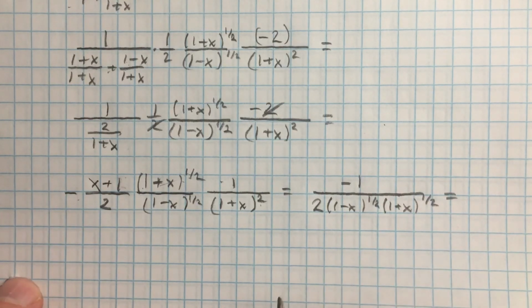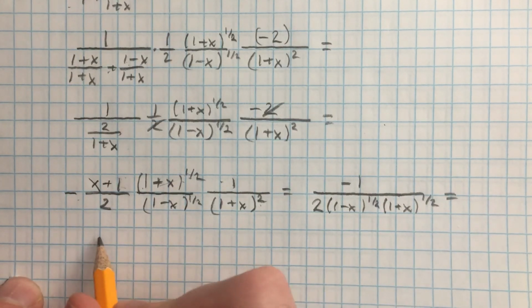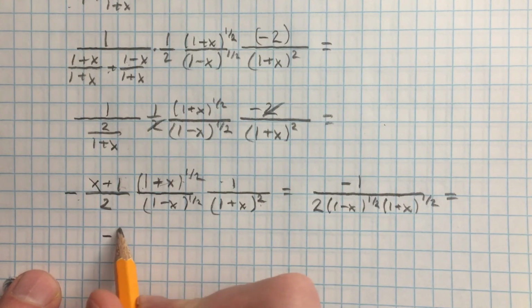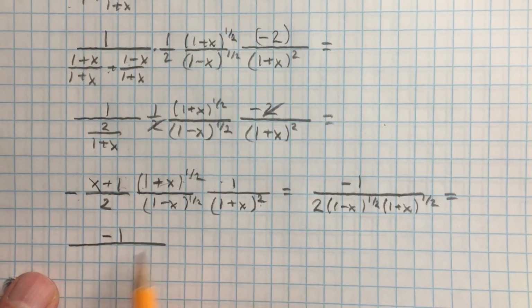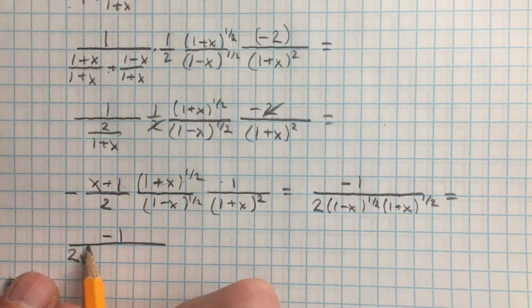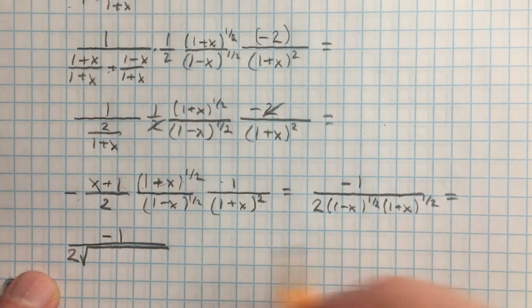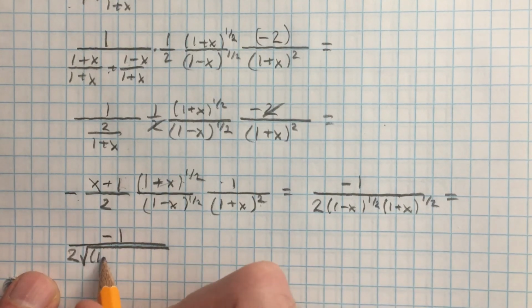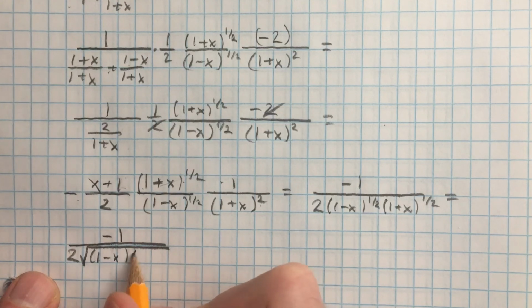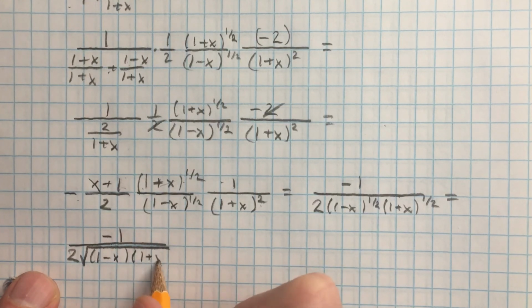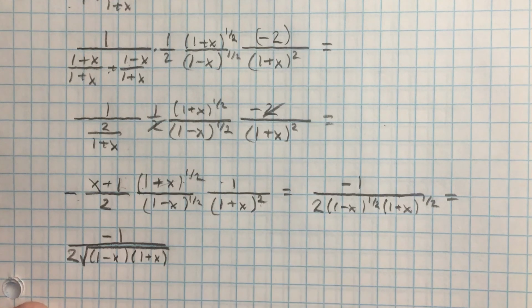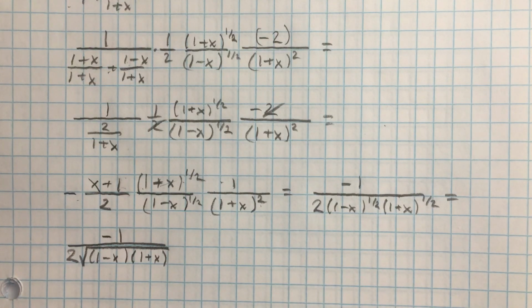Rewriting it with the radicals that it began with, I guess, is more appropriate. So I have negative 1 over 2. They both have a root, so I'll just put them inside the same one. 1 minus x, 1 plus x. And there's our derivative using an inverse trig function rule.